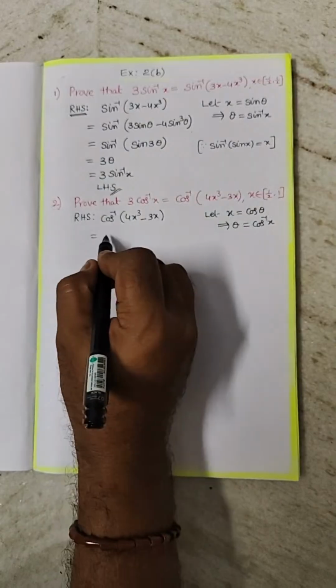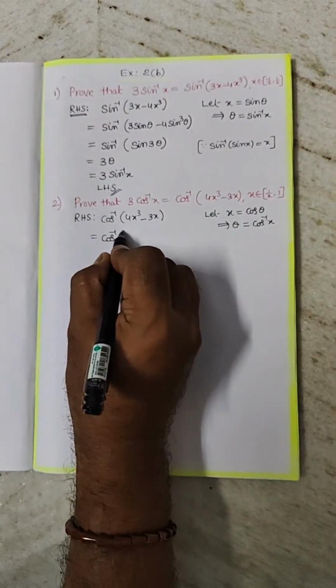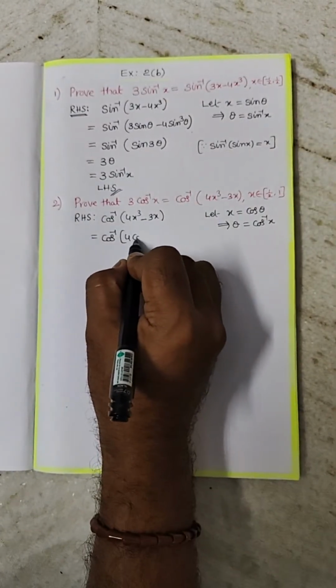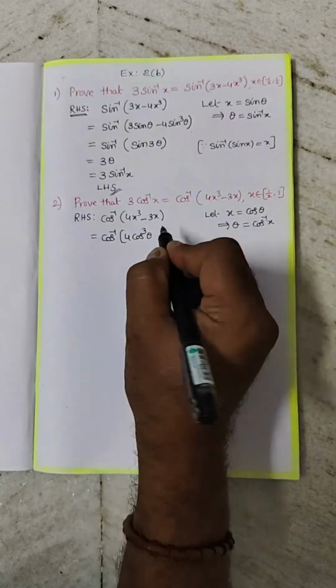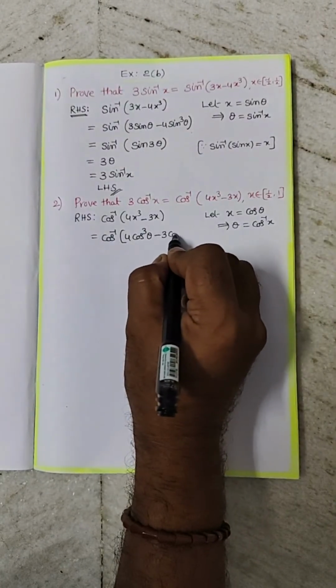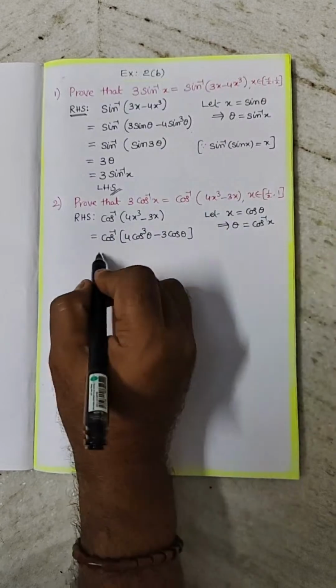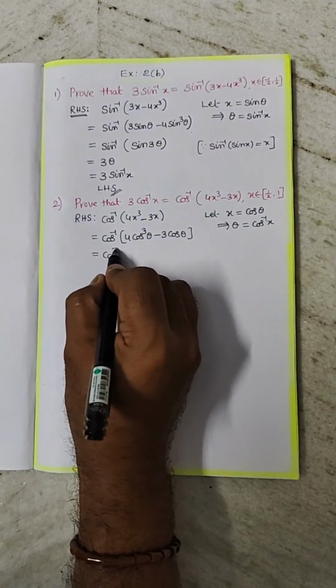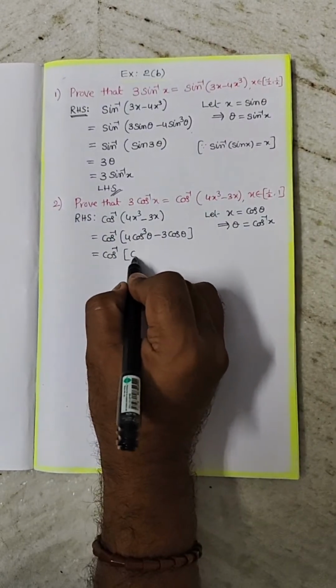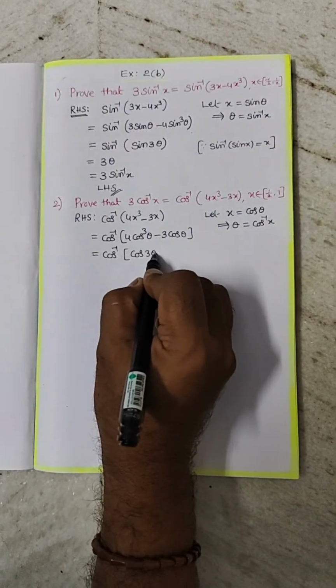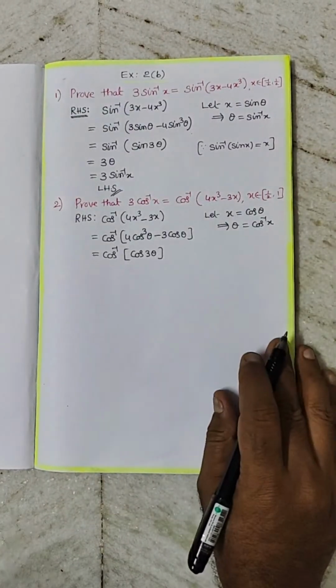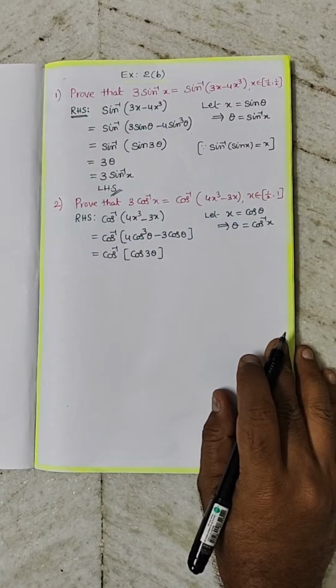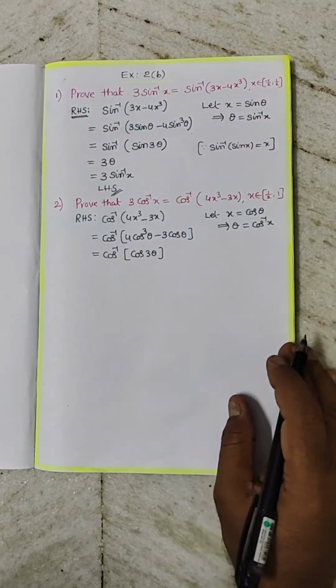So this equals cos inverse of 4 cos cube theta minus 3 cos theta. This bracket value is the formula for cos 3 theta, dear students. 4 cos cube theta minus 3 cos theta is the formula for cos 3 theta.